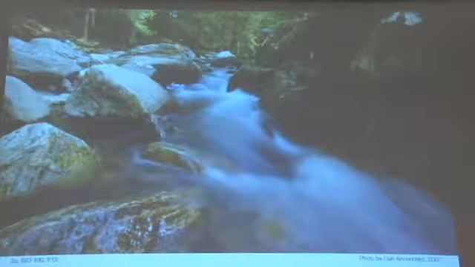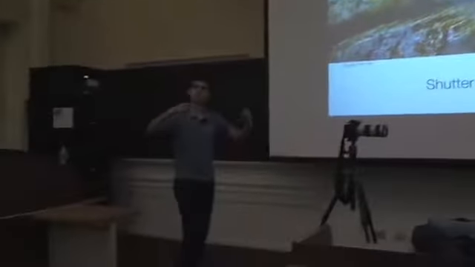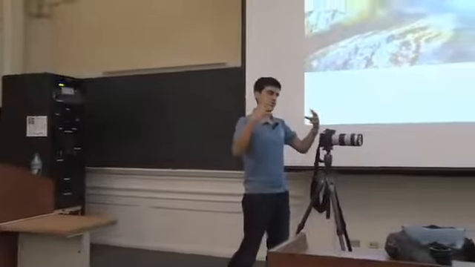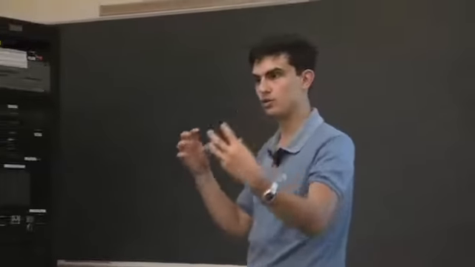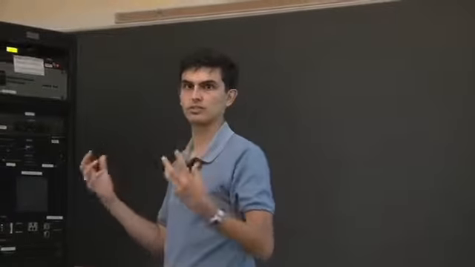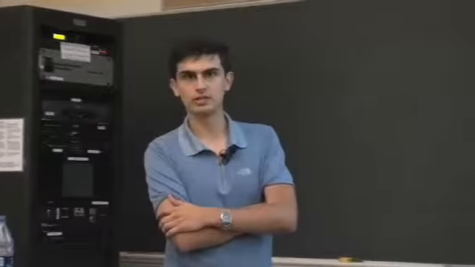When you're dealing with a very, very bright situation where there's lots of light coming down, it's difficult to try to keep the shutter open for longer because you run into that problem I described before where you simply cannot put too much light into the sensor, otherwise it will just be completely overexposed.